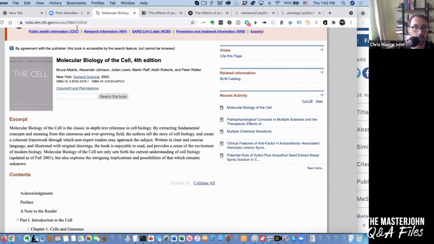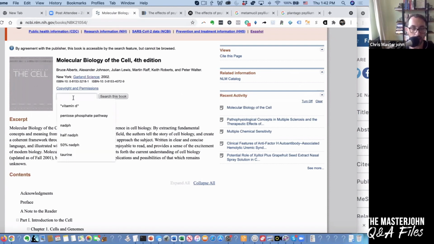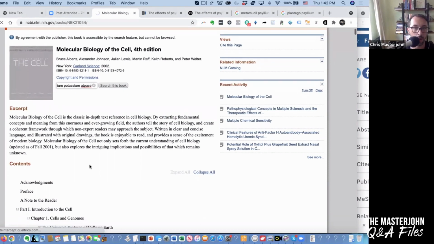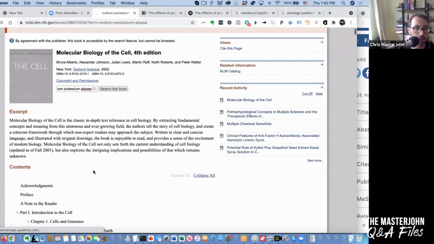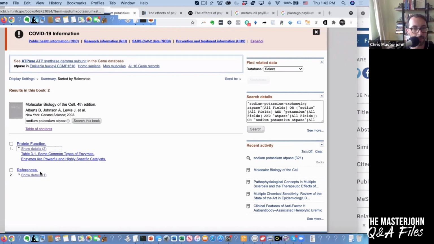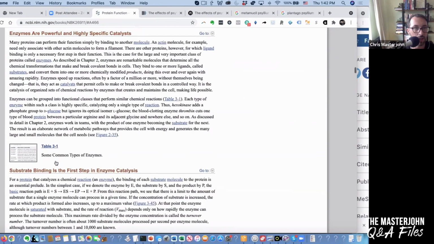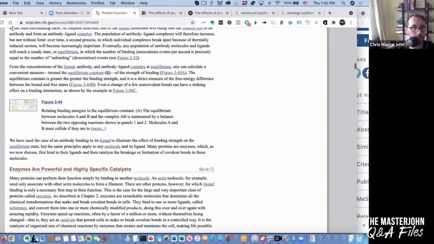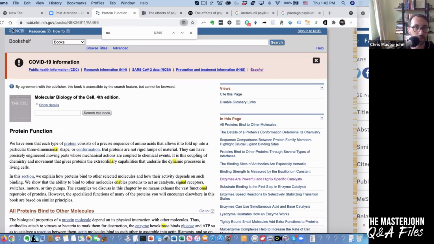All right, so what I did was I Googled NCBI Bookshelf Molecular Biology of the Cell. Now we're going to go to search this book and go to sodium potassium ATPase and hope it brings us to the part of the book pretty quickly. Could also do an image search, I think. I don't think I found it.